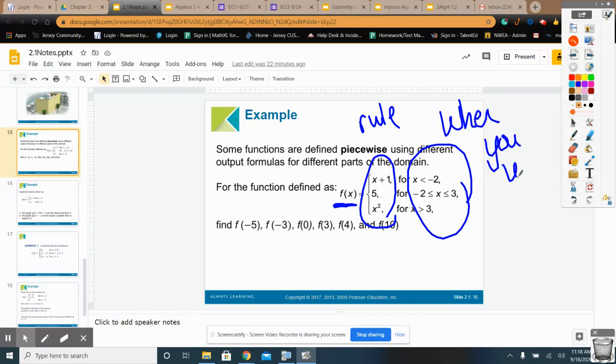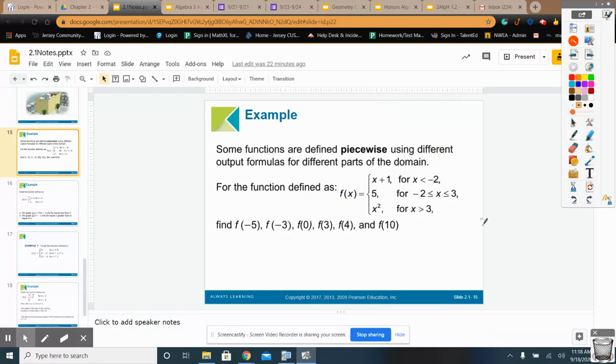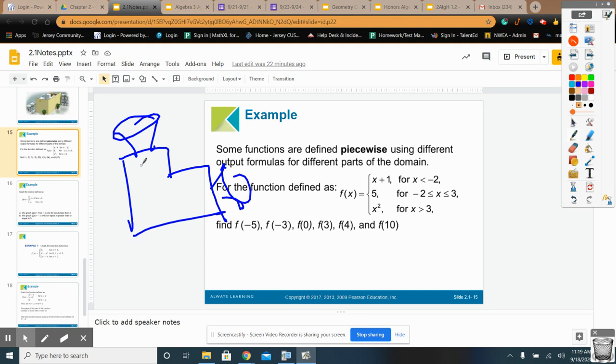So when we were talking about those fancy function machines, this one is super fancy. It has 3 pipes in it almost. So when you plug your value into this machine, the machine is broken up into these 3 areas, and depending on what you plug in is what the machine does.